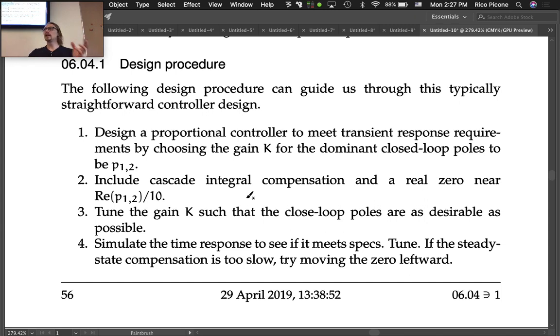So you decide to do an integral compensator. So include a cascade integral compensator, which includes an integrator and a real 0 near it.